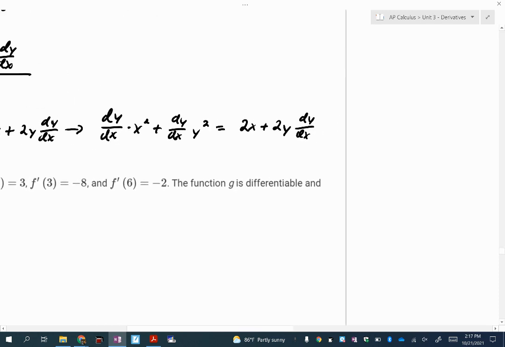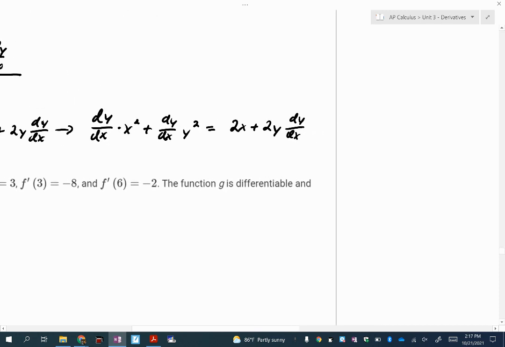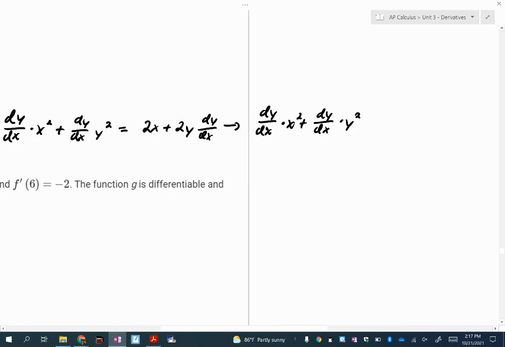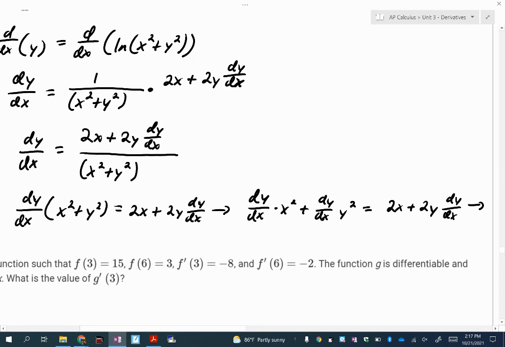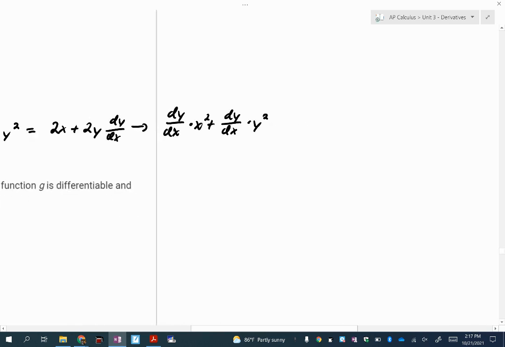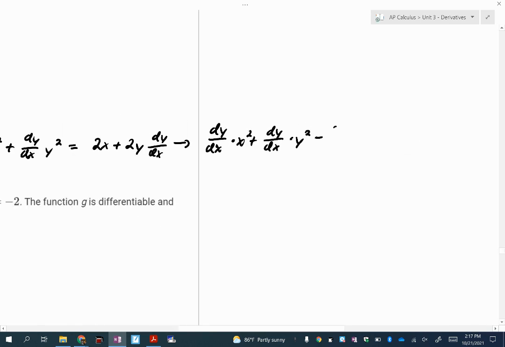I'm going to get all the dy dx's to one side. So that's going to be dy dx times x squared plus dy dx times y squared minus 2y dy dx equals 2x.